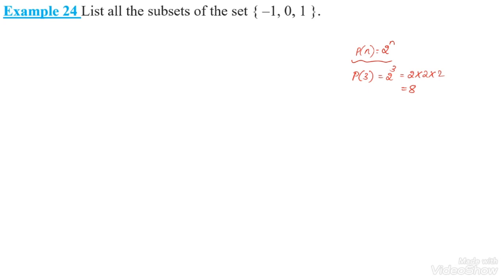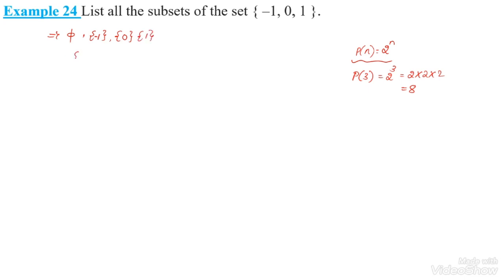Now the concept is clear. There are 8 subsets for this one set, and we have to write the 8 subsets. The first subset is the empty set. We know that the empty set is a subset of every set. Then I will consider the single elements as sets: {-1}, {0}, {1}.